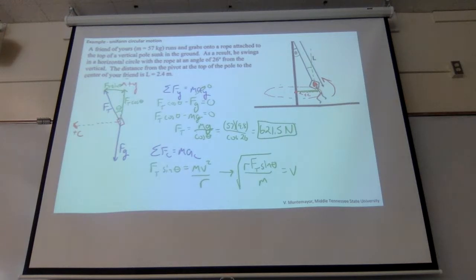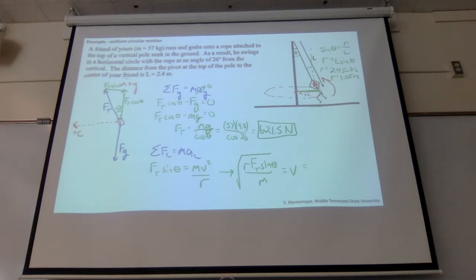But I do know theta and L. I know the hypotenuse and that top angle. So the sine of theta is going to be the radius over the hypotenuse L. So radius is L sine theta. And they said L was 2.4 and theta is 26. So I've got 1.05 meters for the radius. And now we have everything we need.